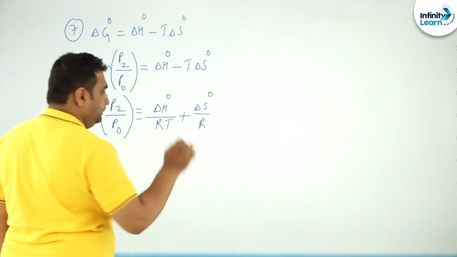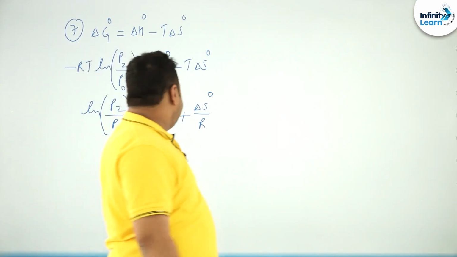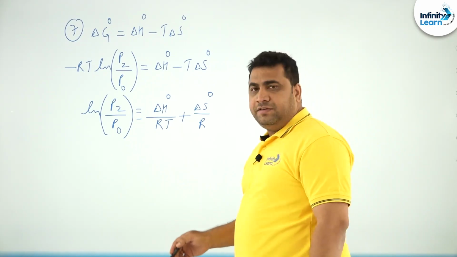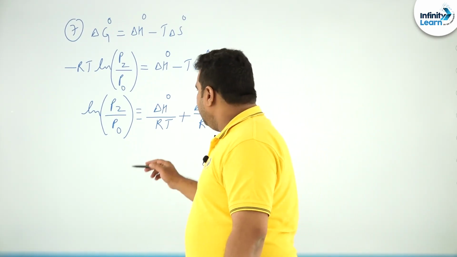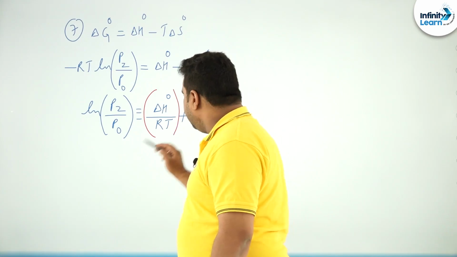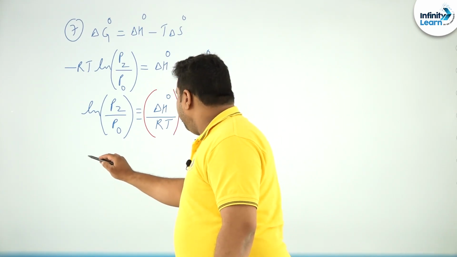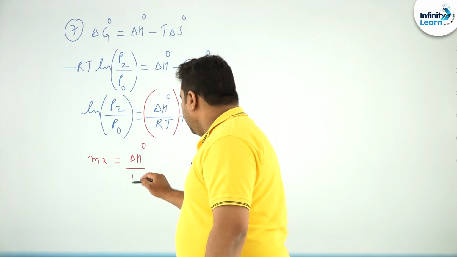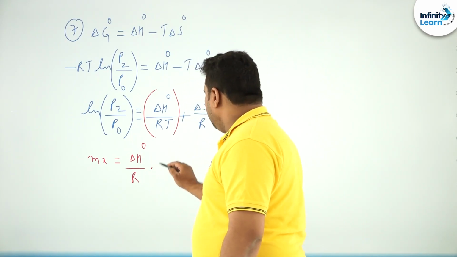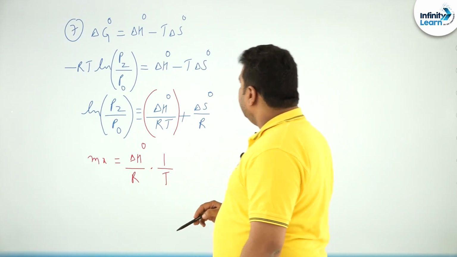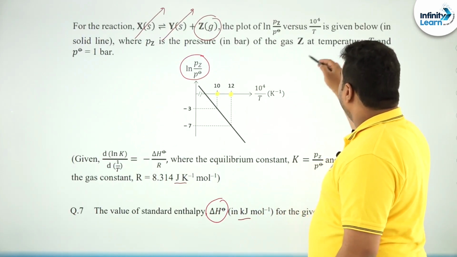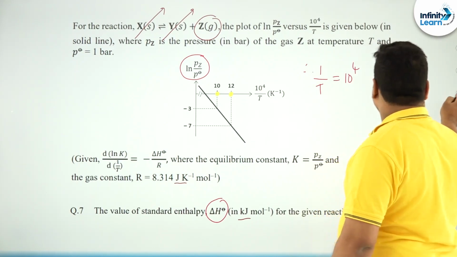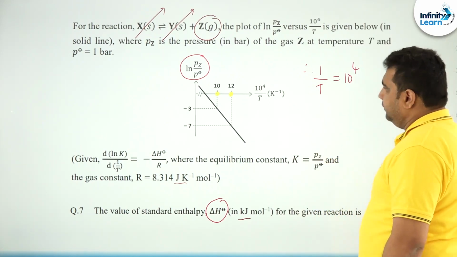So dear students, here you can see, if you apply the equation y is equal to mx plus c, are you following? So this particular term is mx, this is delta H naught by R into 1 by T. Here you can see the 1 by T value is 10 power 4, correct dear students.